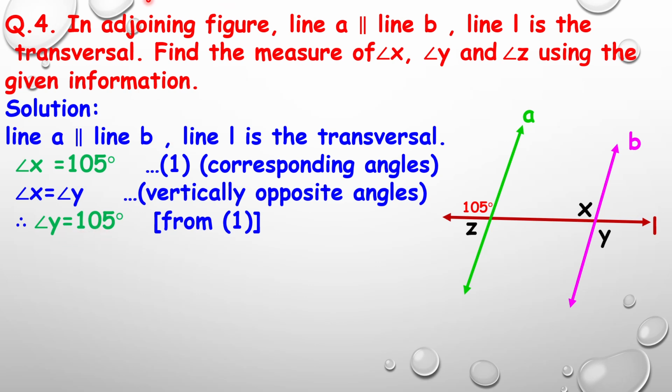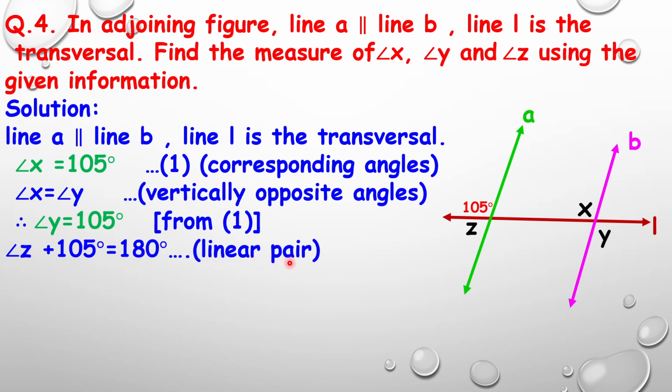Then we have to find the value of Z. If we observe angle Z and 105, what is the relation between these two angles? These are linear pairs. We know linear pairs are supplementary. Therefore, angle Z plus 105 is equal to 180.